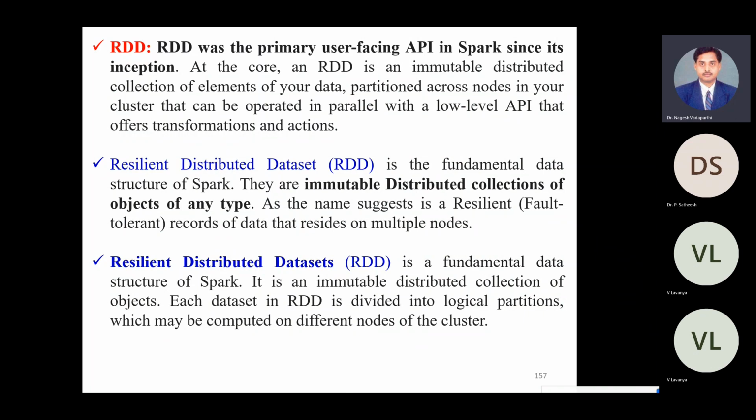So the RDD name suggests records of data that reside on multiple nodes. RDD is a fundamental data structure of Spark. It is an immutable distributed collection of objects.